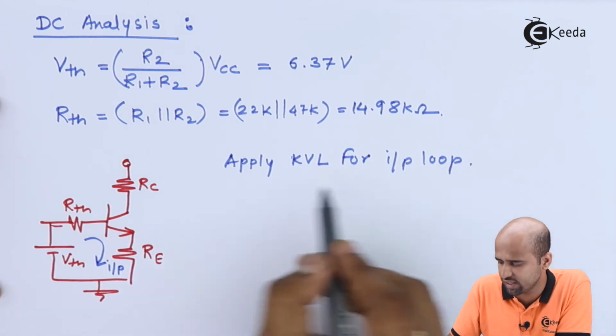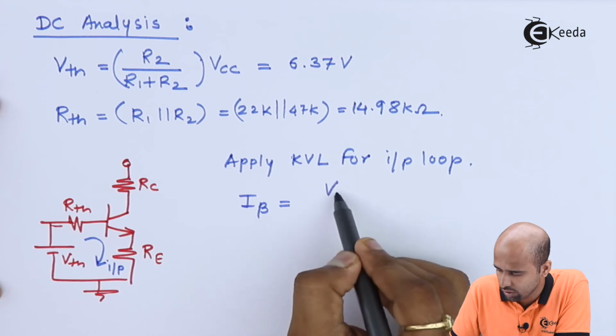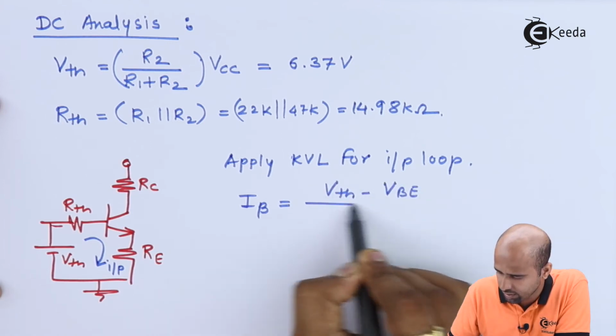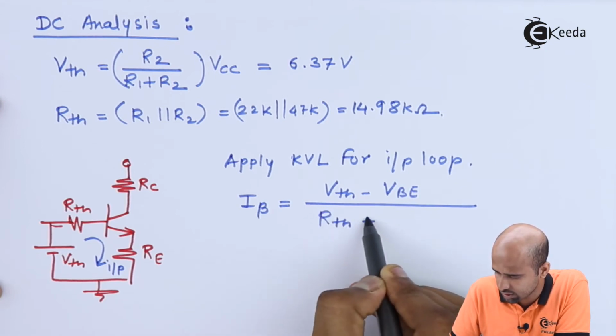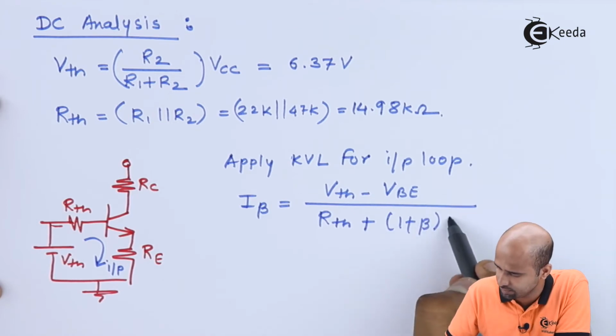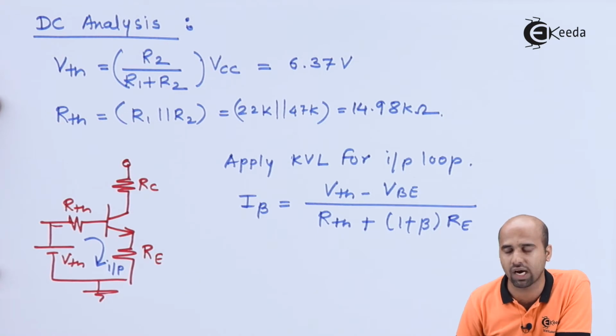We'll write this equation and directly calculate the value of IB as VTH minus VBE divided by RTH plus (1 plus beta) times RE. The value of beta is given, which is 100.